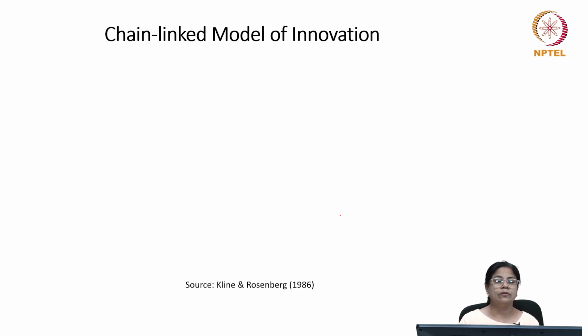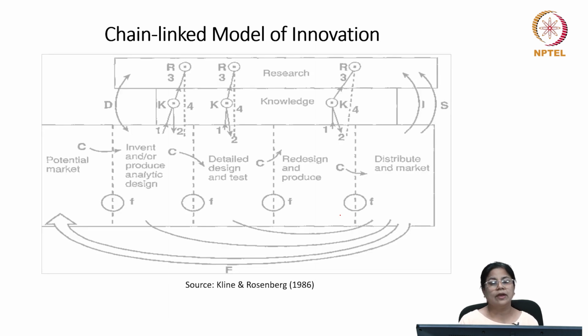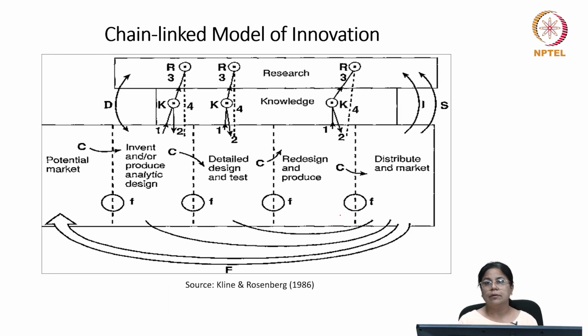Now, building on this, what you have is the chain link model of innovation. The figure comes from the book of Kline and Rosenberg, and it looks quite complicated. So let us first look at this without going into the arrows. If you don't go into the arrows, what do we have?